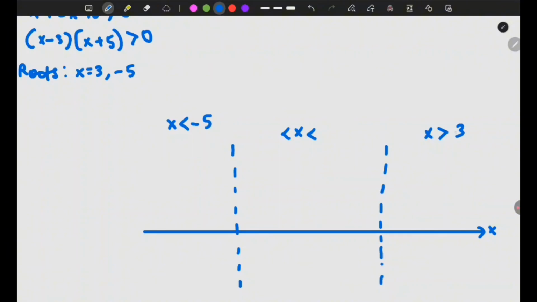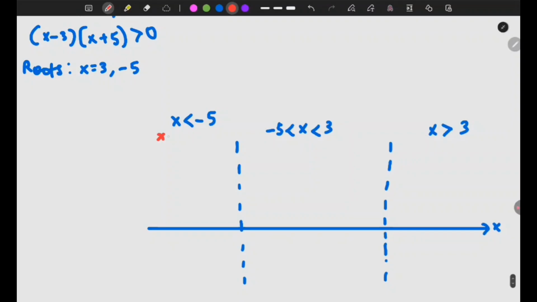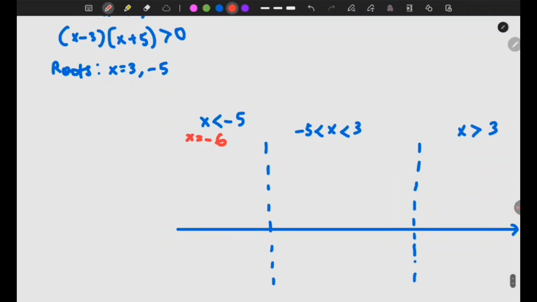And now take a test point, any testing point. So less than negative 5, negative 6 can, negative 7 can. So take x equals negative 6 maybe. So you put inside negative 6 minus 3 and negative 6 plus 5, and it's more than 0.